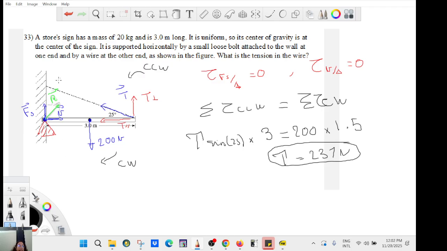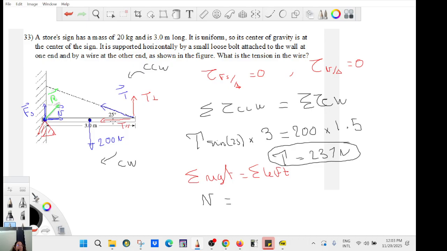Okay? And then they might ask you, can you find the normal force? Can you find this force here? Then I will use everything right equals everything left. The normal force is pushing to the right. So I will say normal force equals this component.